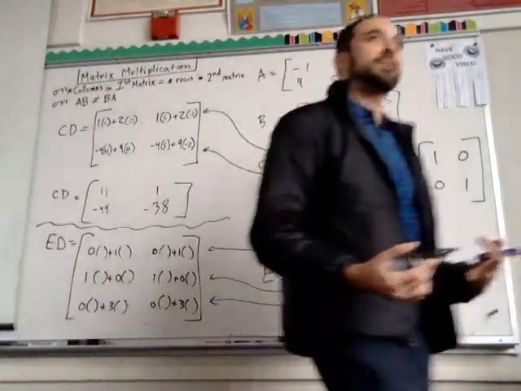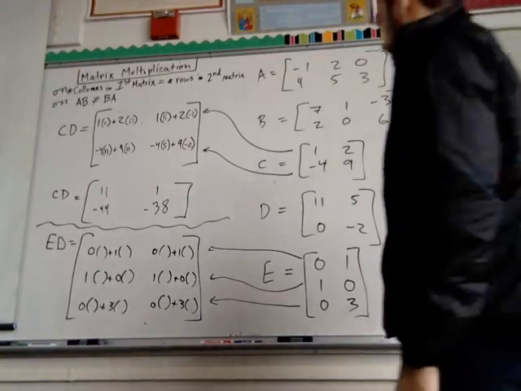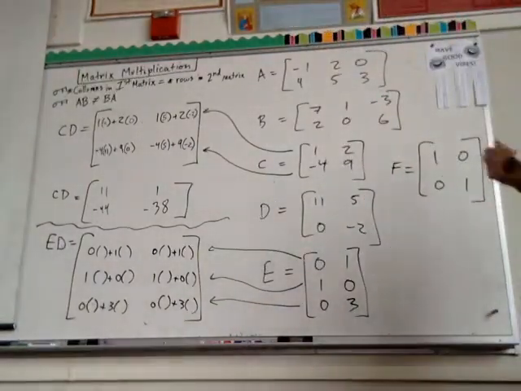So I take my first matrix, I set up the new one, bringing the rows of E over into ED, setting it all up.